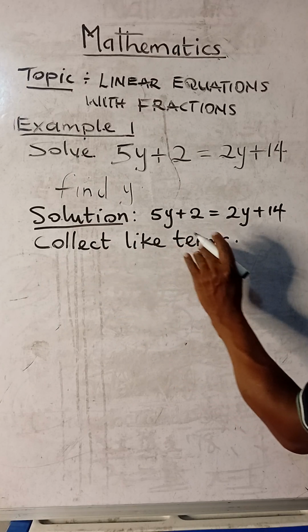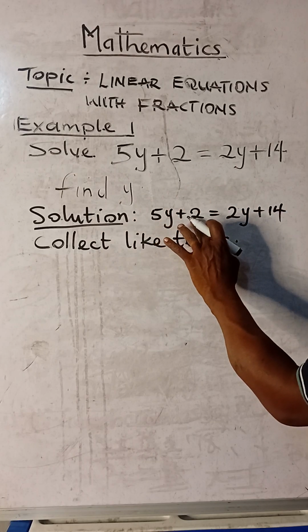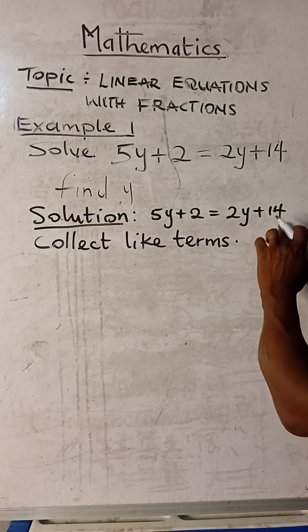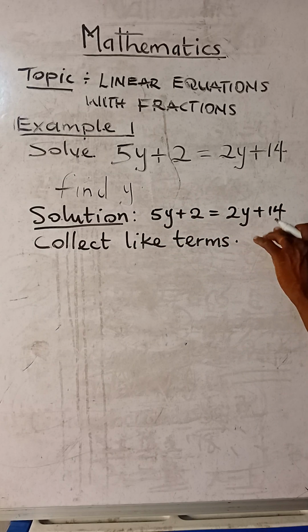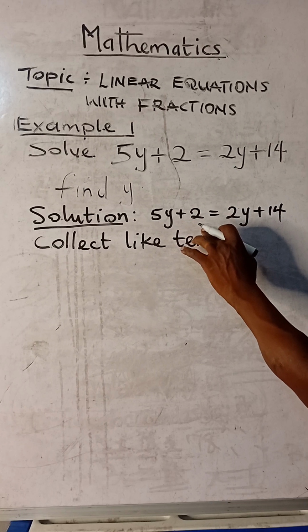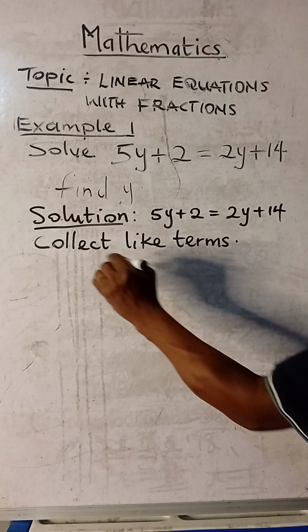So what we'll be doing is to remove 2 here. Remember what the equation is. When you have plus and it's crossing the equality sign, it becomes what? Negative. So it means that we are going to be subtracting 2 from both sides and we'll subtract 2y from both sides. So we'll do this.